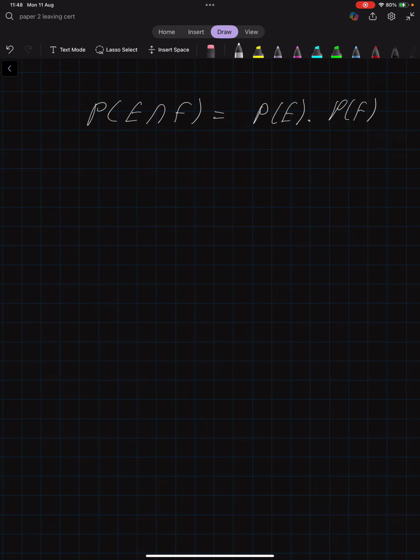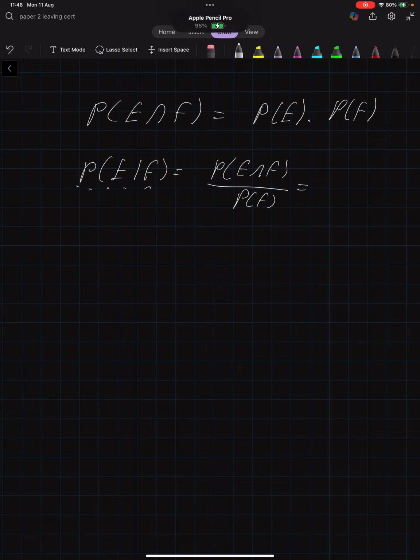I'll do a quick proof. The probability of E given F is equal to the probability of E intersection F over the probability of F. But what is this equal to if E and F are independent?